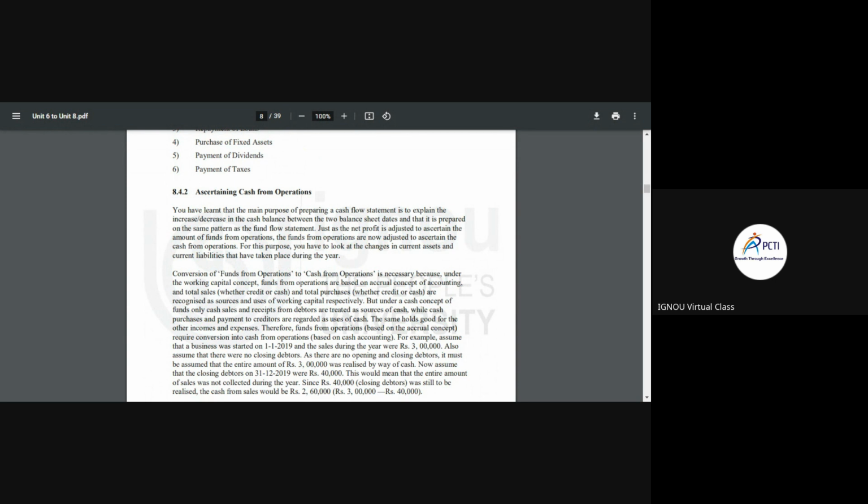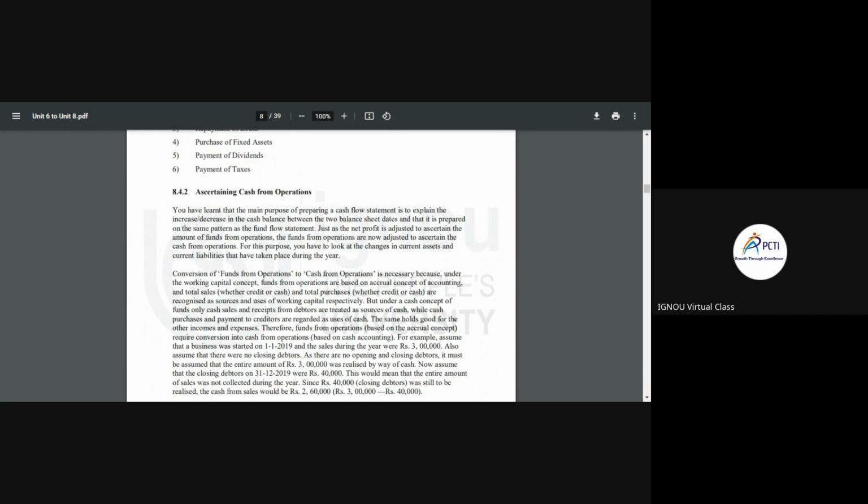And in the case of funds from operations, we will check about the funds only. We start from the net profit, which is adjusted to ascertain the amount of funds from operations. The funds from operations are now adjusted to ascertain the cash from operations, through changes in current assets and current liabilities during a particular year.